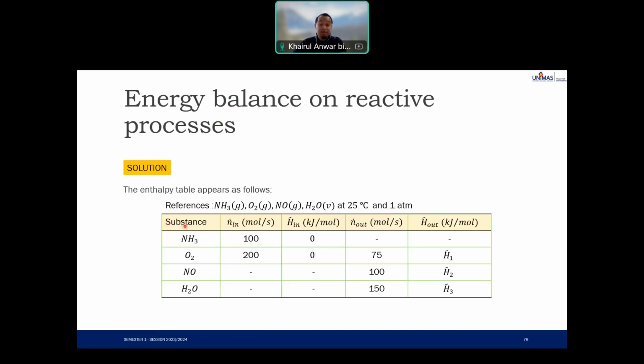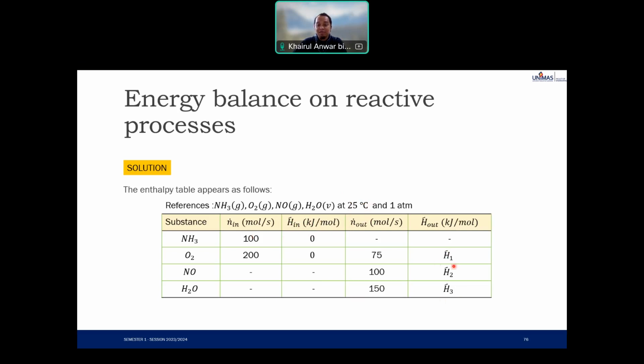So write the table. This is the table. N in, mole per second. If the question asks you to use mole per second, you don't need to change to kg. Just use mole. Easy, less error. This one is H in. Why 0? Because of the reference temperature.